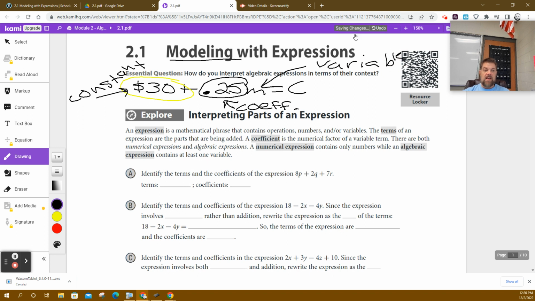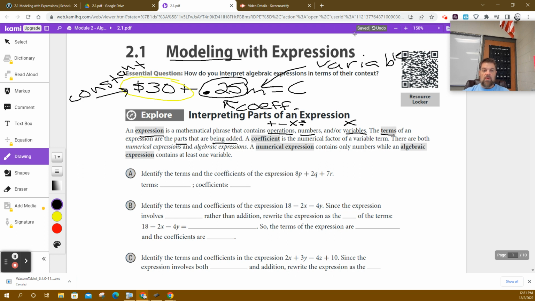And so let's continue on. It says an expression is a mathematical phrase that contains operations. Operations are like plus, minus, multiplication, and division. Those are mathematical operations. They contain numbers and or variables. Now variables are like x and y. The terms of an expression are the parts that are being added.